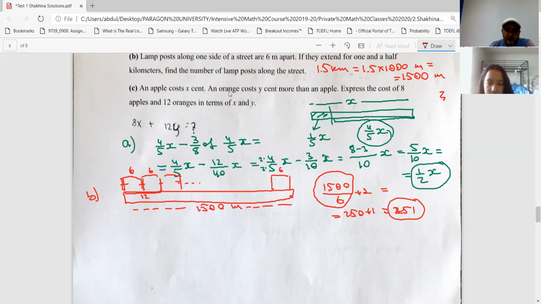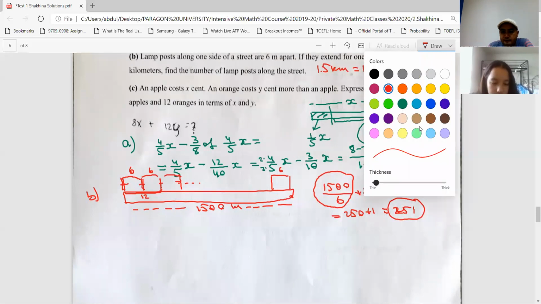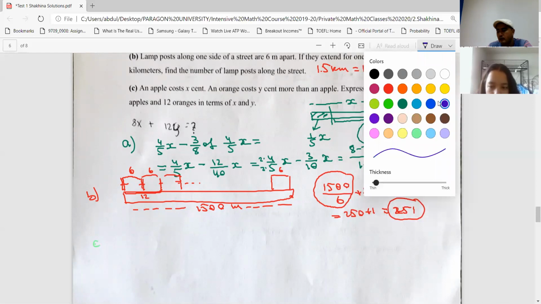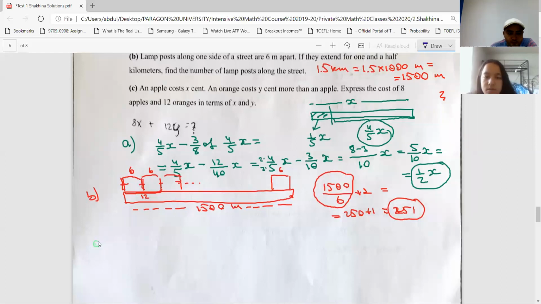Okay. An apple costs X cent. What does it mean? Here we have cost.